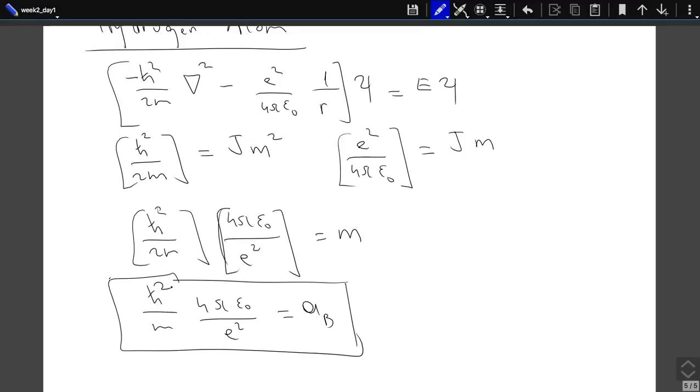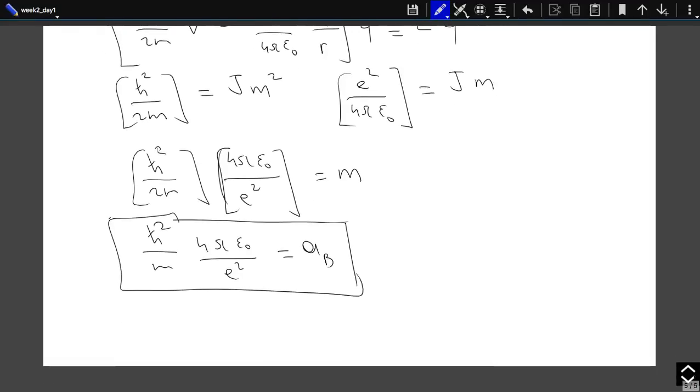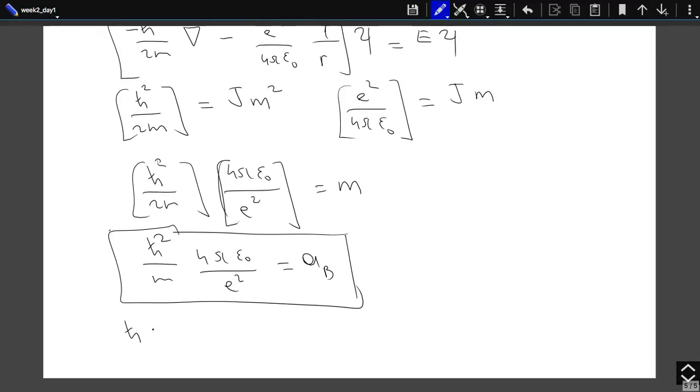Now, of course, usually we don't use this combination. Let's see. What's the unit of h bar c? Well, h bar has units joule seconds, c has units meters per second, so it is joule meters. This is the unit of e squared over 4 pi epsilon 0.